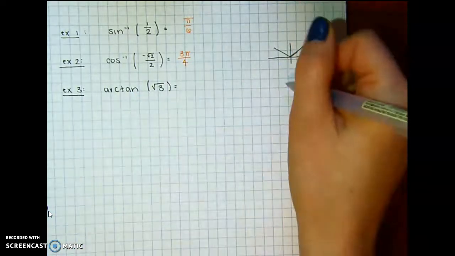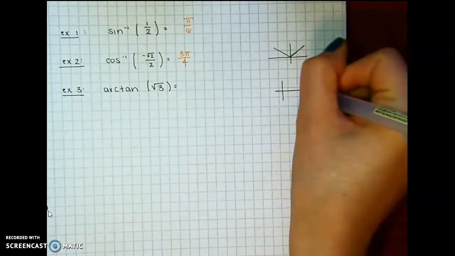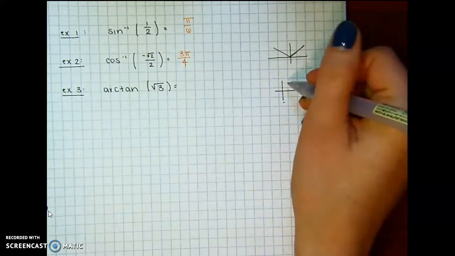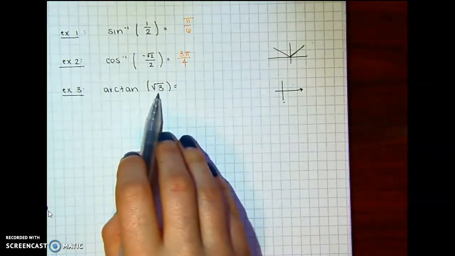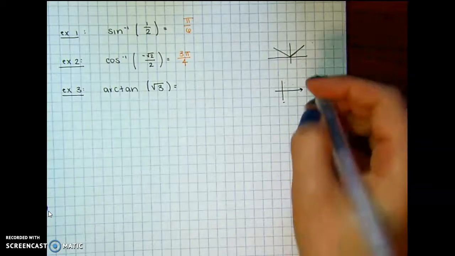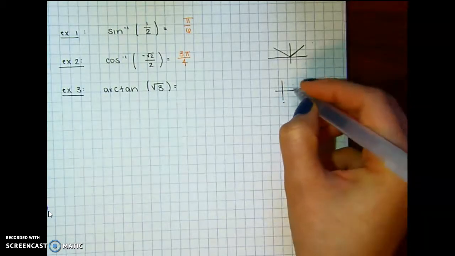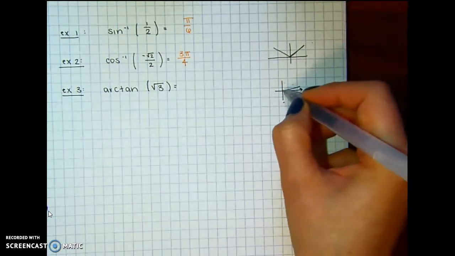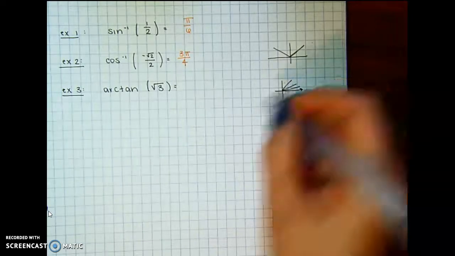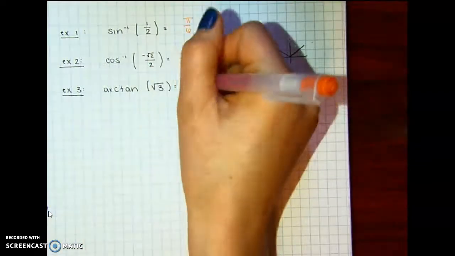So that is between negative pi over 2 and positive pi over 2, right? Arctangent is positive, so that means I'm going to be in the first quadrant. And then you have to remember, okay, so it's root 3 over 3, 1, root 3. So that's going to be at pi over 3.